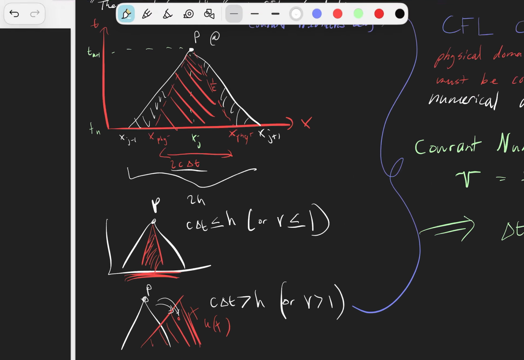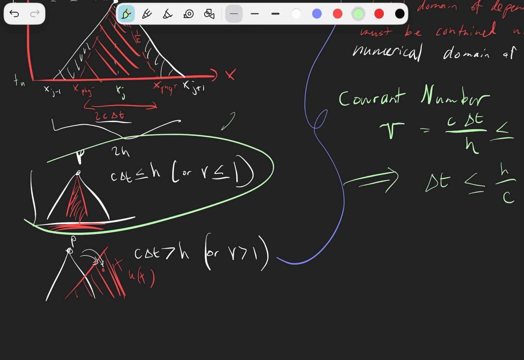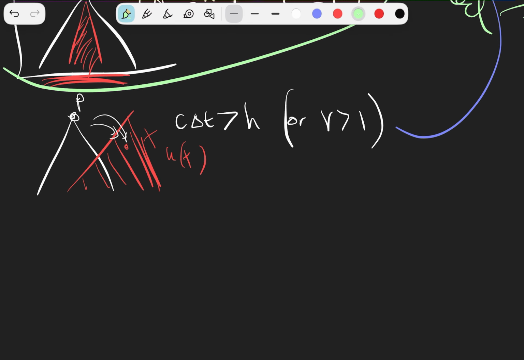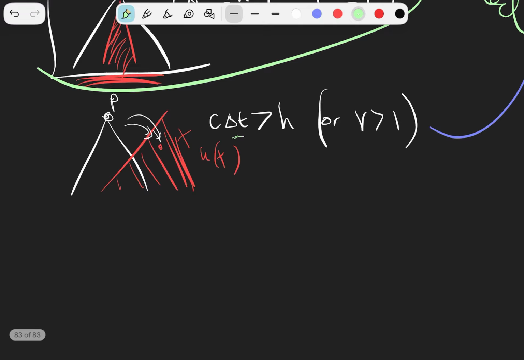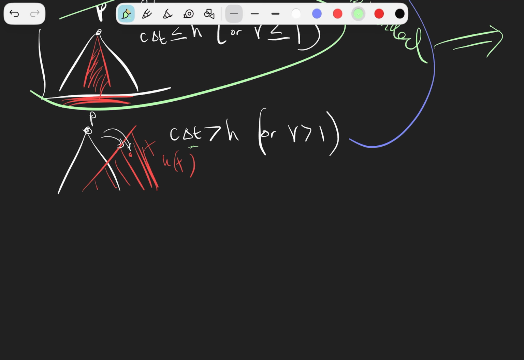So when it calculates the next step, it is interpolating between known values. This is safe, and this is error bounded. All right, so this would be said to be error bounded. Okay, and if we look at the unstable case, if we take a time step that is too ambitious, the time step is too big, the red triangle will grow wider than the white one, and it now has a gap or a blind spot.